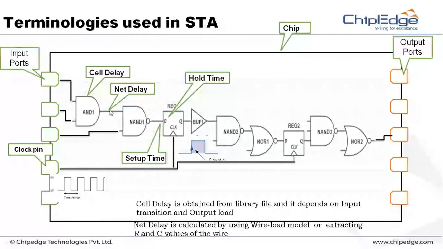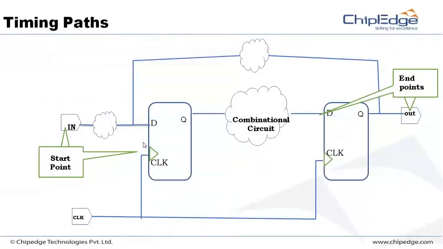So input is coming through an AND gate, one more input through an AND gate, and through a NAND gate you have net delays. The time taken from here to here should be less than this time. And one more, the next data should not come so quickly and disturb this data before it is sampled. That is hold time.